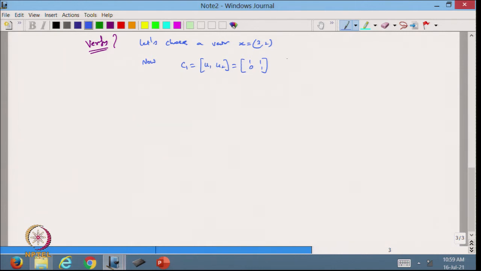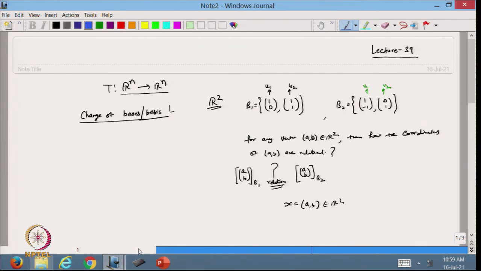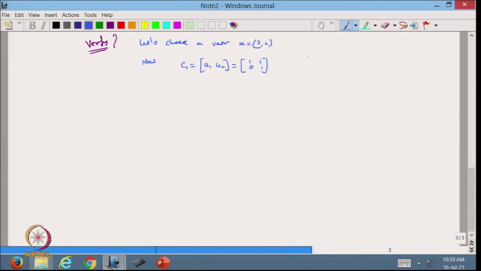Now, from here I know that C1 times x with respect to the basis B1 is equal to x. Now, I want to find out the value of the coordinate of this one, and from here I want to find B1, that is C1 inverse x.